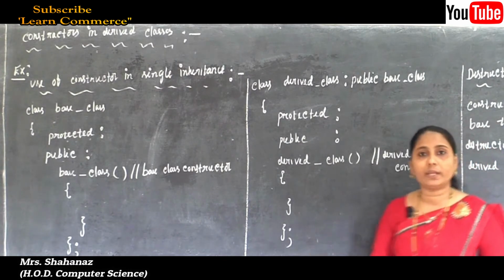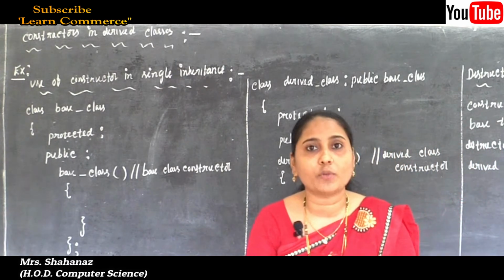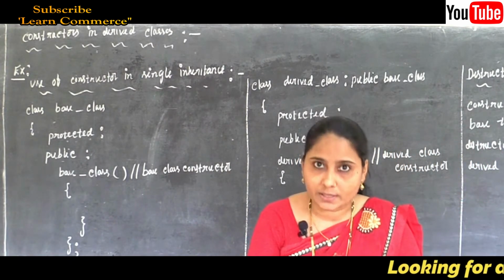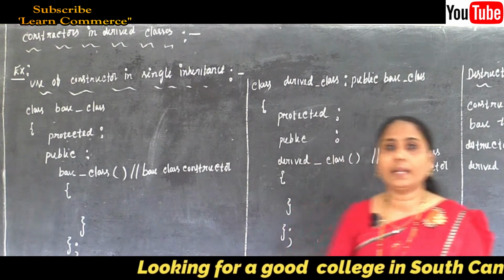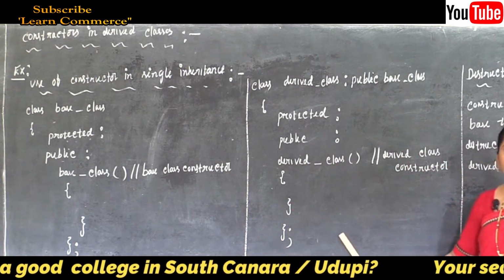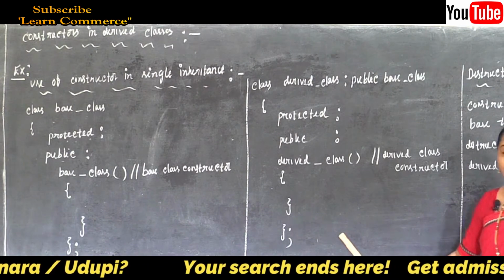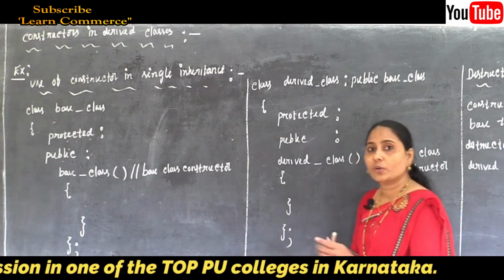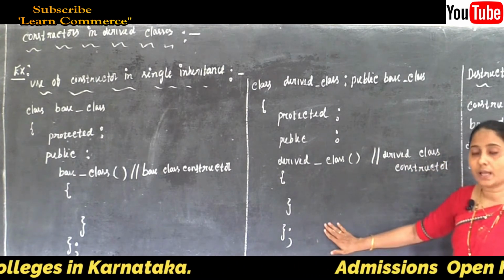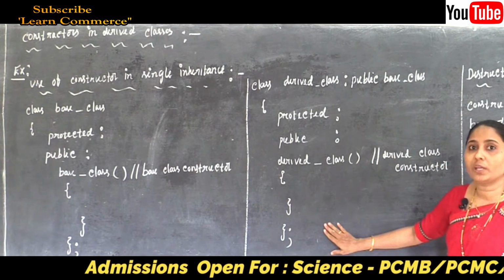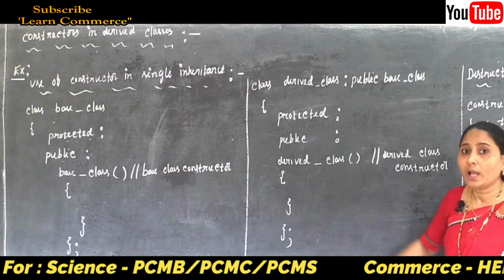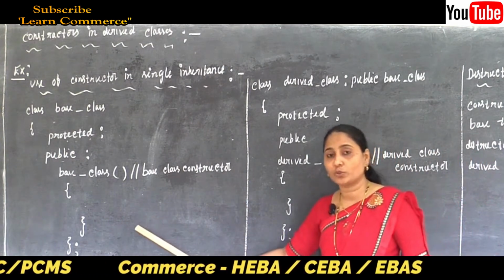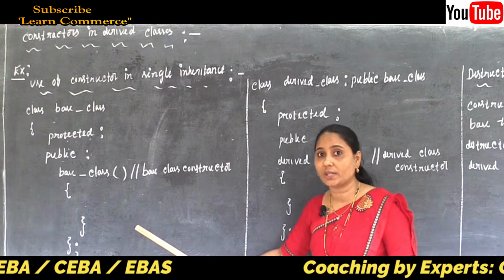Or finally we can say that the constructor of the derived class receives the entire list of values as its arguments and passes them on to the base class constructors. So the derived class receives the entire list of values and afterwards passes them on to the base class constructors.